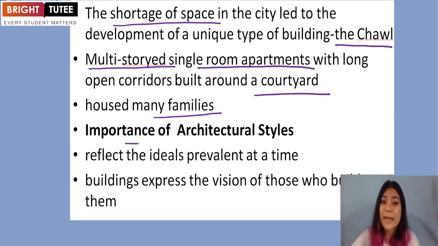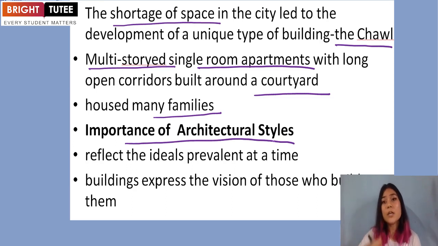Now let us look at the importance of the architectural styles. We learned about the architectural styles: neoclassical, neo-Gothic, Indo-Saracenic. Why is it important for us to understand these three different kinds of styles? Because by looking at the styles adopted by the British rulers in the construction of their buildings, we understand the ideas that were present at that time.